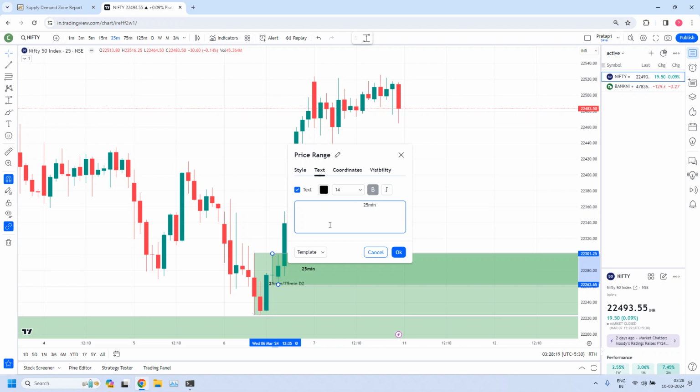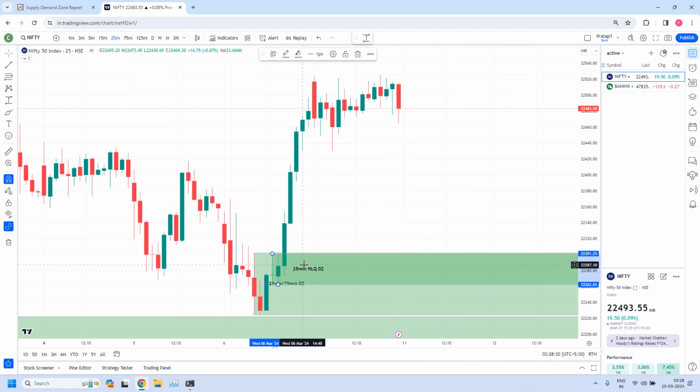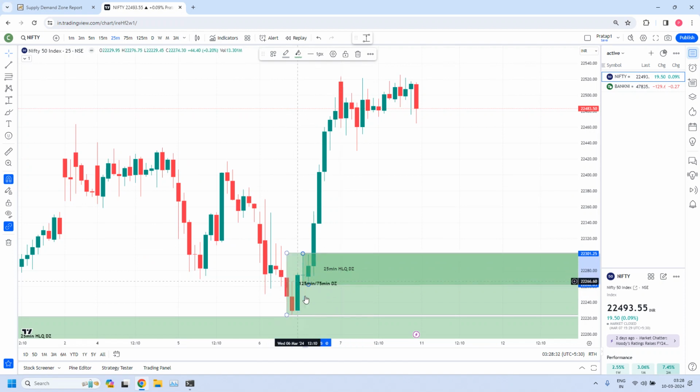This is a 25 minutes high liquidity demand zone. This 25 minutes is high liquidity inside this normal 125 minutes or 75 minutes demand zone.